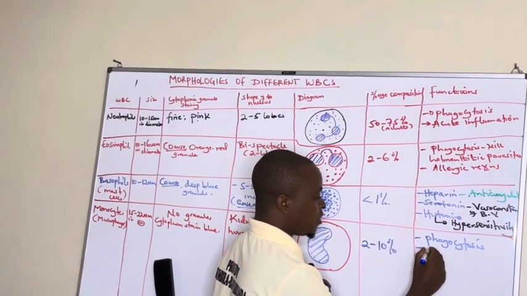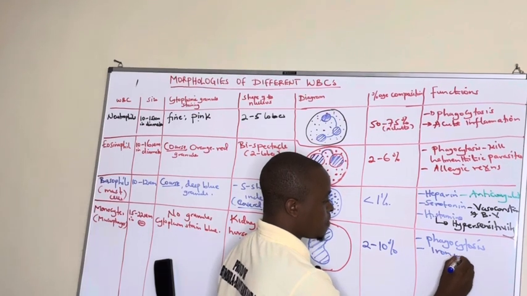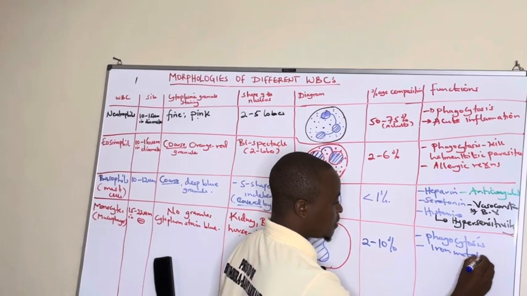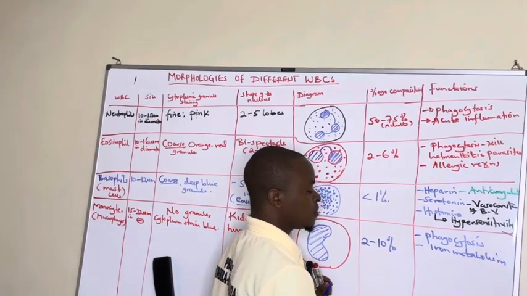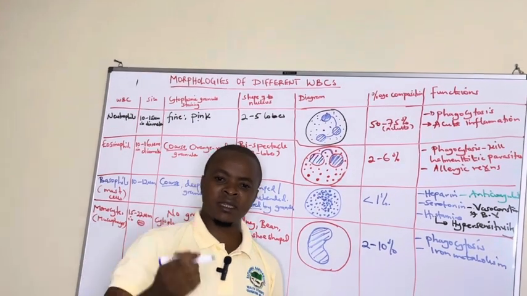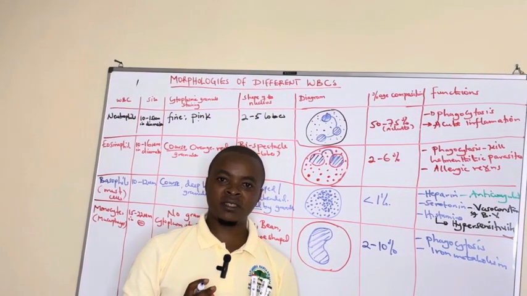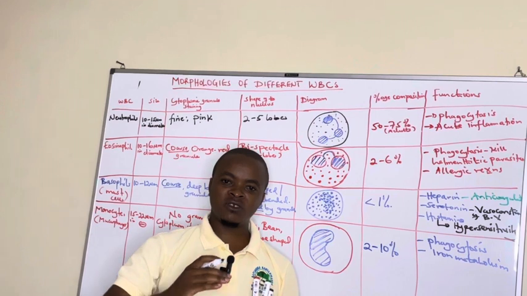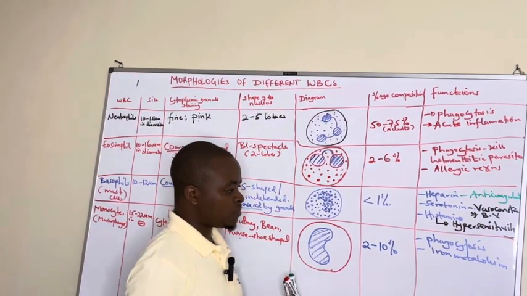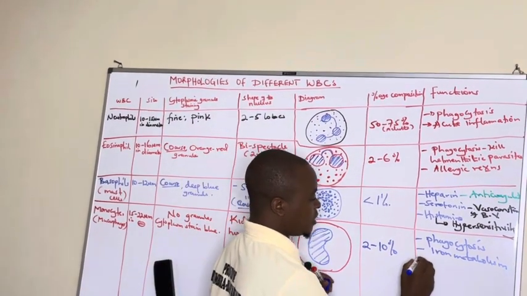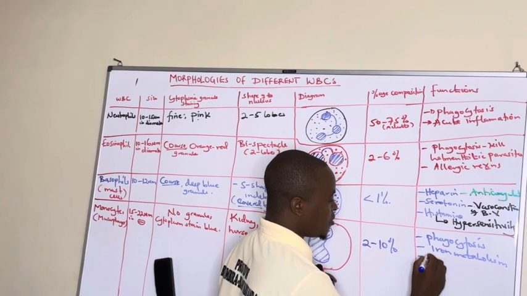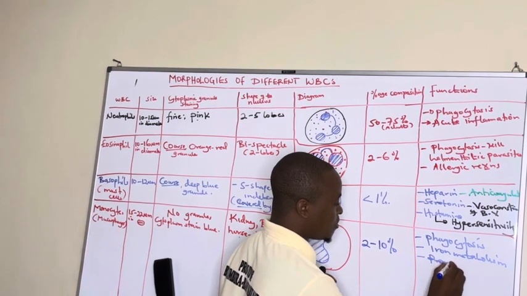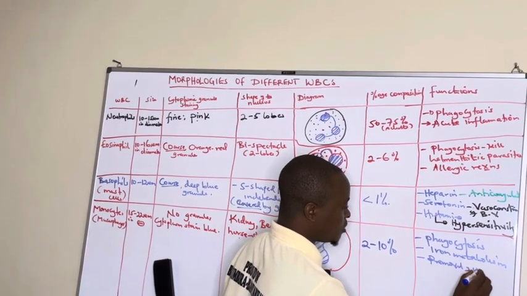It participates in iron metabolism. And please, in science, we do not use the word help. Whenever you are giving a function, don't say it helps. Say it participates, it plays a role. It also plays a big role in the removal of worn-out tissues.